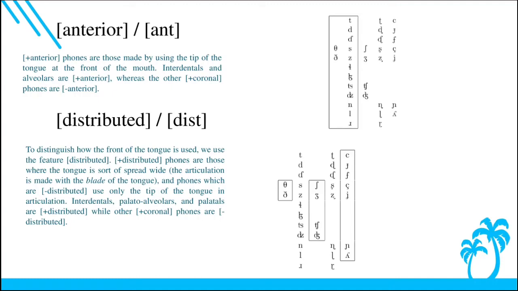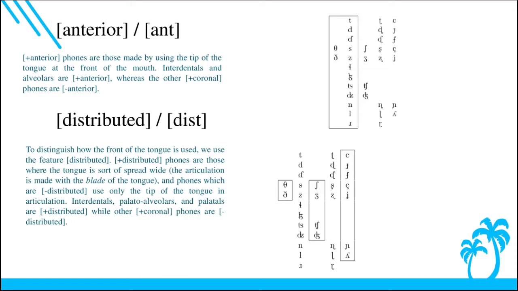Here we have a dental sound, then we have our alveolar sounds. Then minus anterior sounds would be something like the alveolo-palatal ch, or even the sounds farther back in the palate, like the palatal stop. So that is the minus anterior sound.